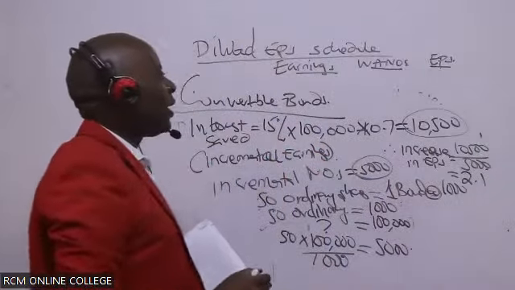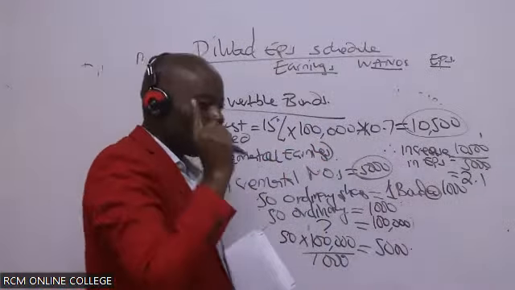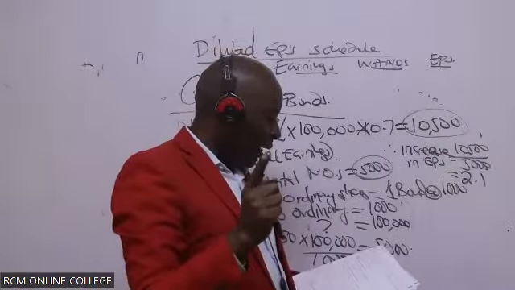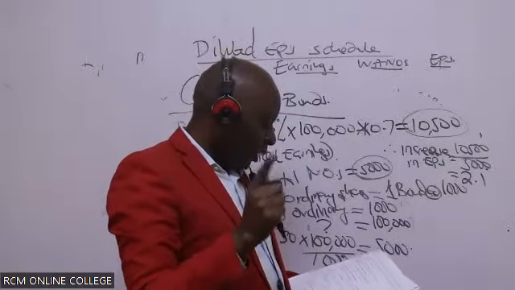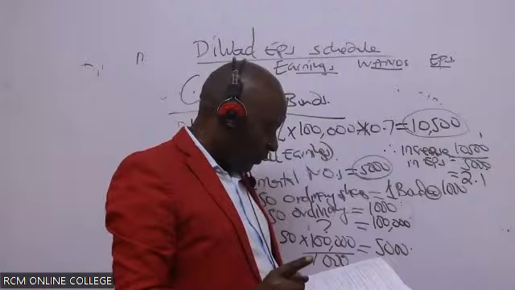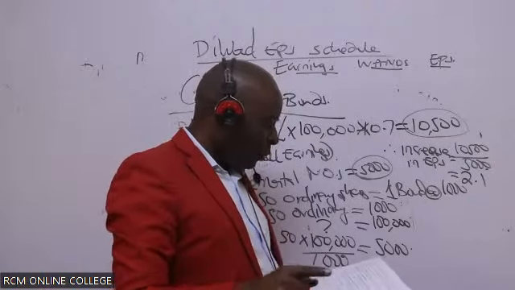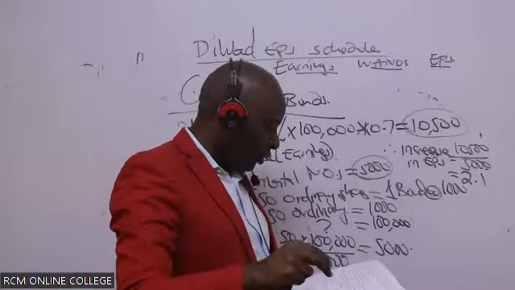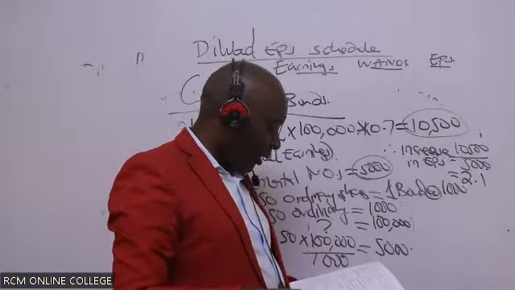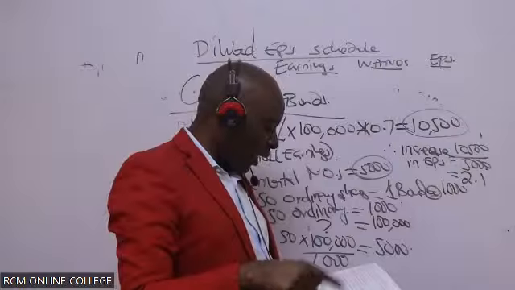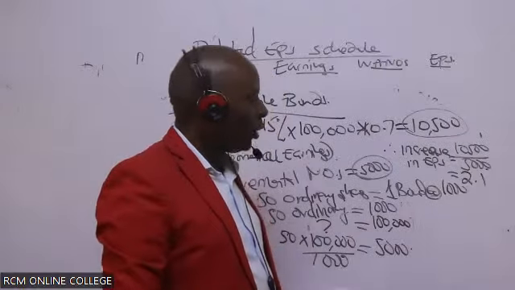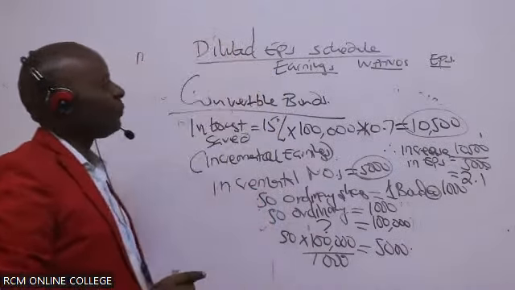We forgot to rank, but I think options is ranked number 1, as it is the most dilutive. From there, convertible preference becomes number 2. And then the 15% convertible bond. I won't even rank it because it is not dilutive.